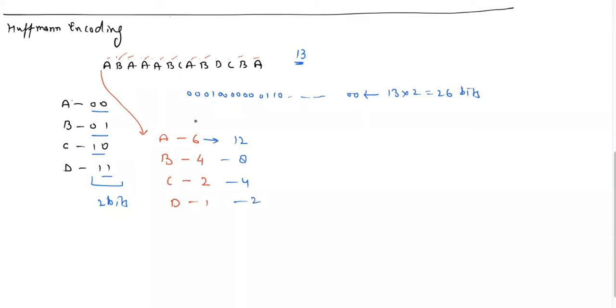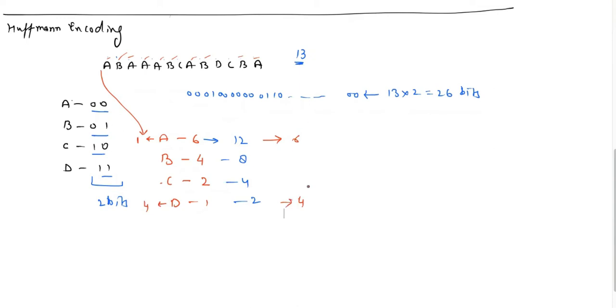Let's say we have provided A a code of length 1, and let's say we have provided D a code of length 4. So what we will end up doing is that A will occupy only 6 bits and D will occupy 4 bits. Does it make sense?